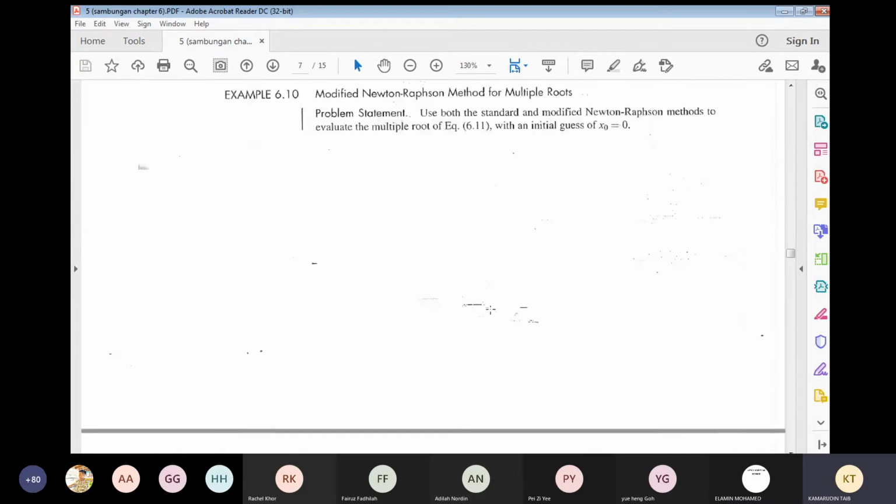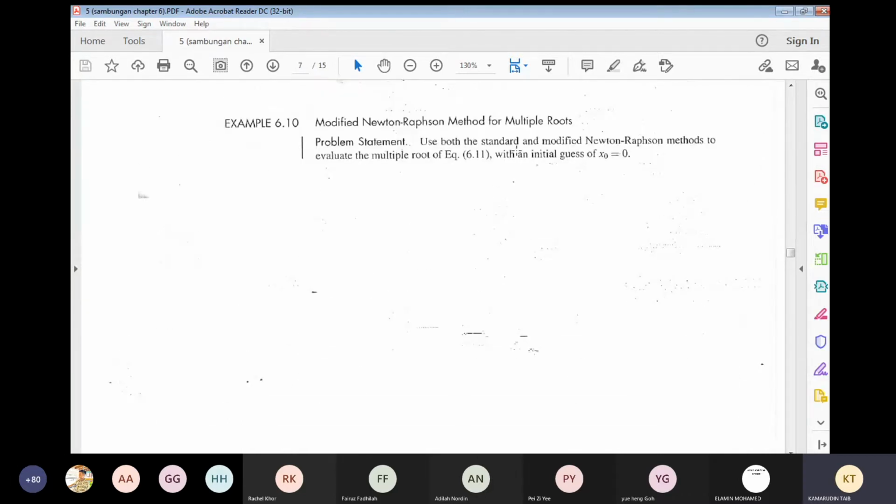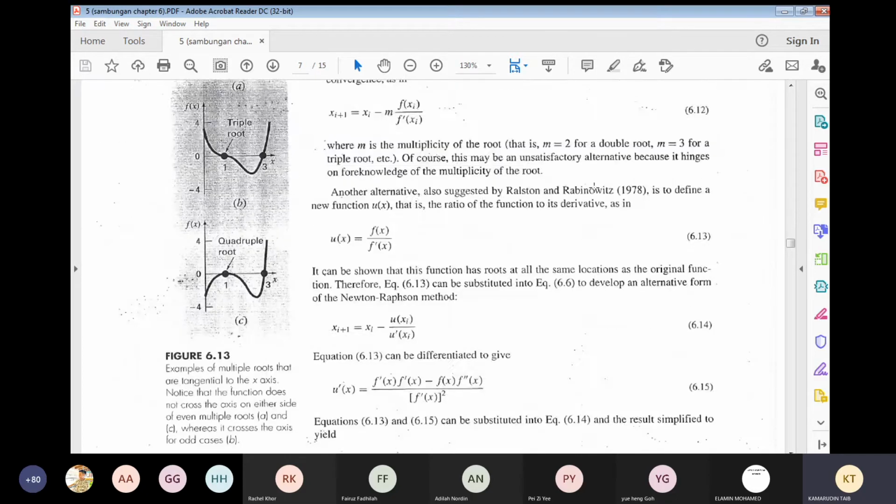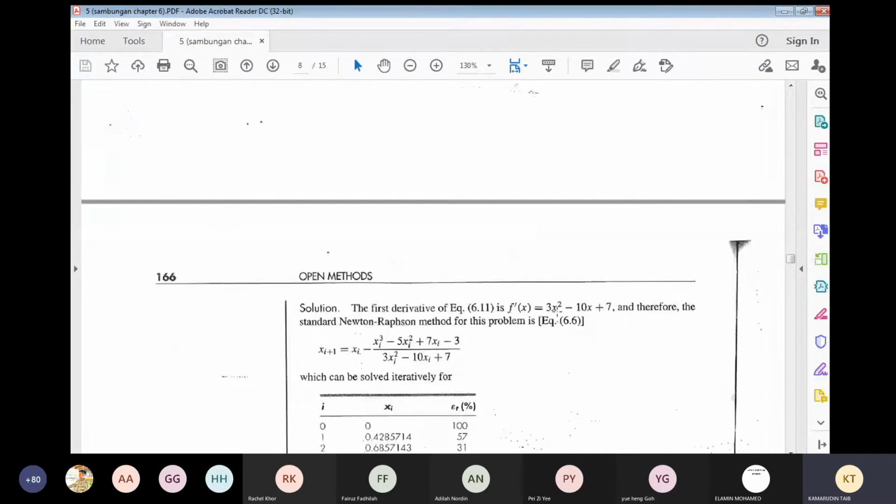The question for this example is the same as we used before, which is f(x) equivalent to x cubed minus 5x squared plus 7x minus 3, and f prime is 3x squared minus 10x plus 7.